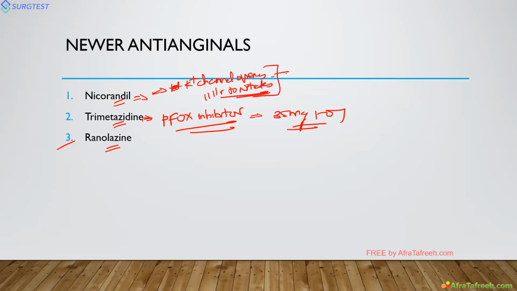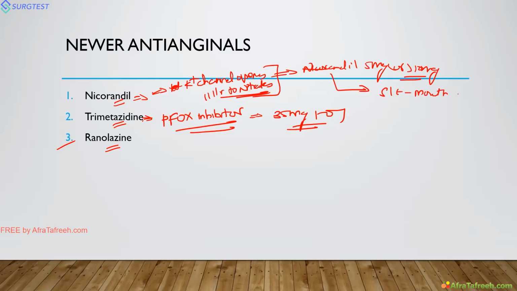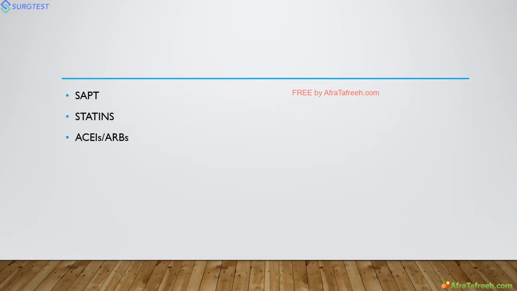In this patient, you can use nicorandil at a dose of 5 mg OD, 5 mg or 10 mg. The main side effect of nicorandil is mouth ulceration or gastric ulceration. Other than this, these drugs can be used as second line drugs for angina.